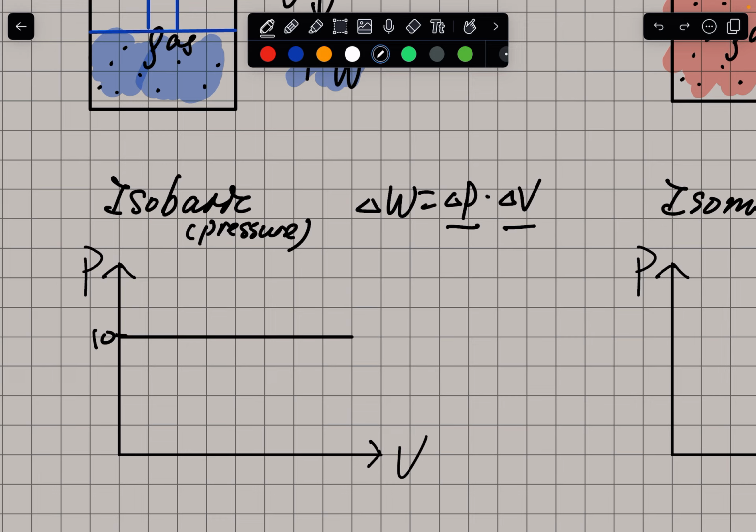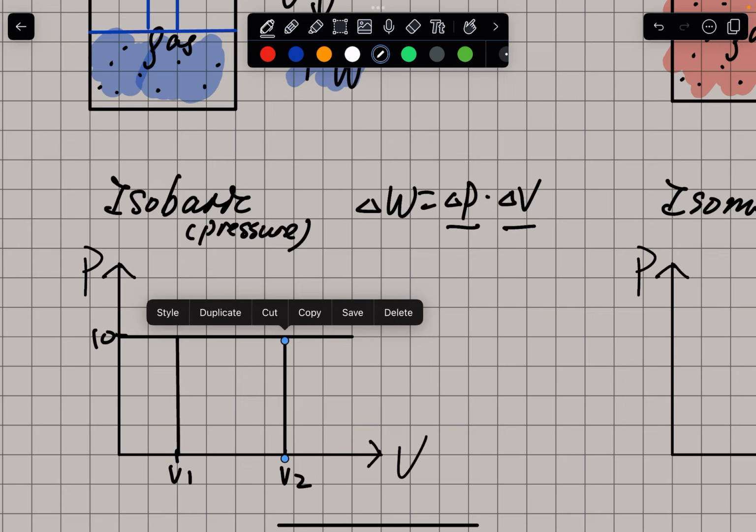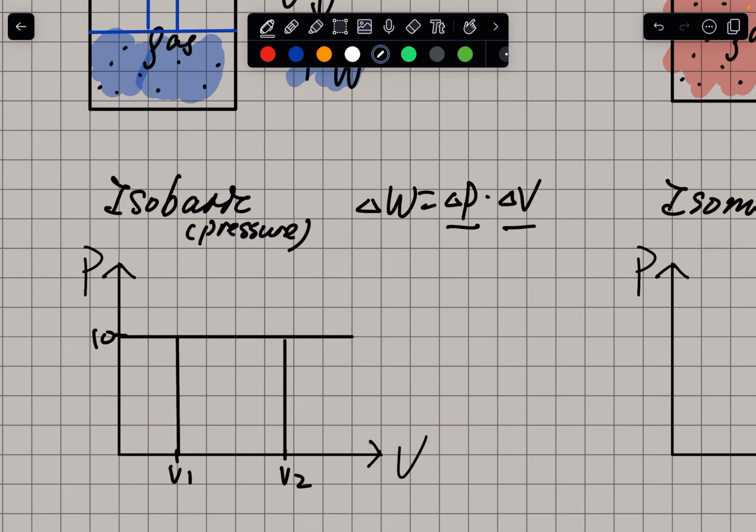My system changes the volume from V1 to V2, okay? So going from V1 to V2, the volume really expanded, right? Expanded, because V2 is larger than V1.